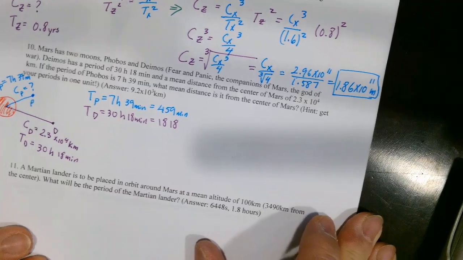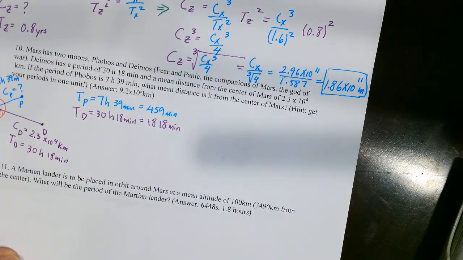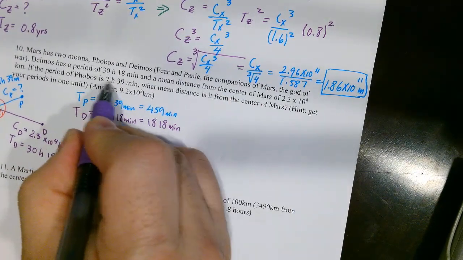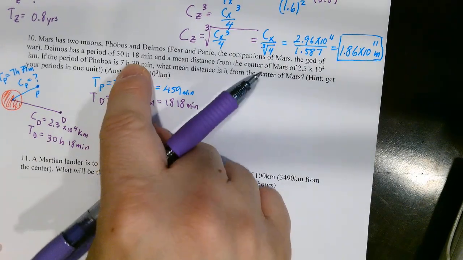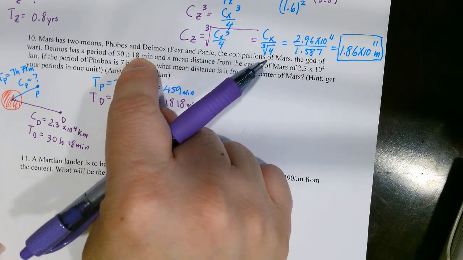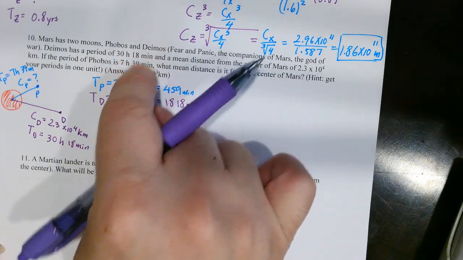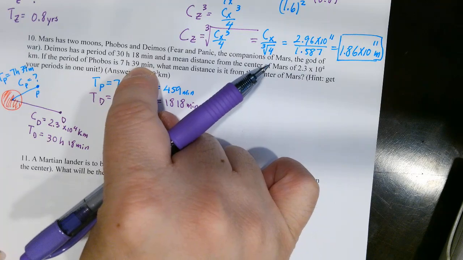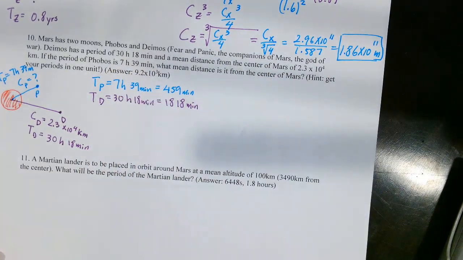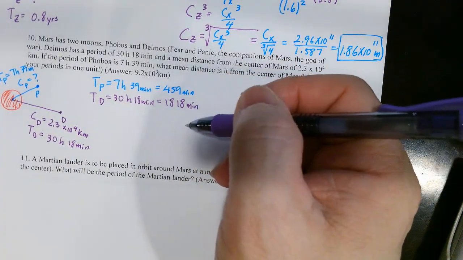So if we use these times, it is consistent now, because mixed units are really a pain to work with. Now, what you could have done was change the 18 minutes into hours and use a decimal for 30 point whatever hours, or same here, 39 divided by 60, and use 7 point whatever hours. You could have used that too, but I think this is much cleaner.